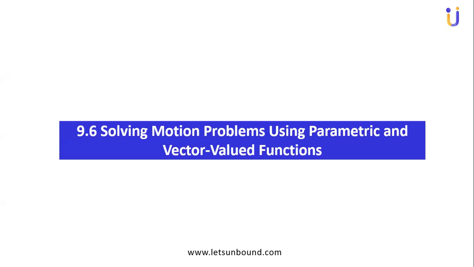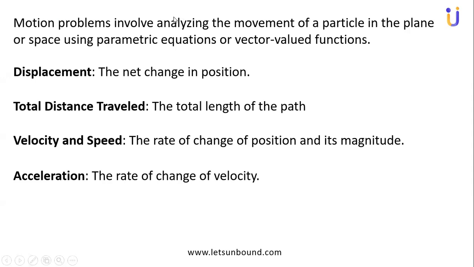Now 9.6, solving motion problems using parametric and vector valued functions. Motion problem means position, velocity, acceleration, right? Let me recall the concept for you. We did this multiple times, but it's that important. What is basically a motion problem? We analyze the movement of a particle in a plane or space when it comes to vectors. Displacement is the net change in position, and distance traveled is the total length of the path.